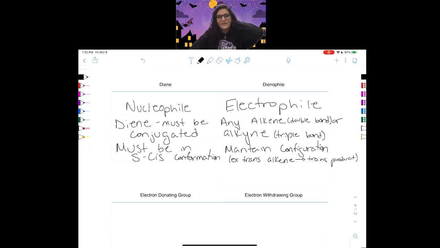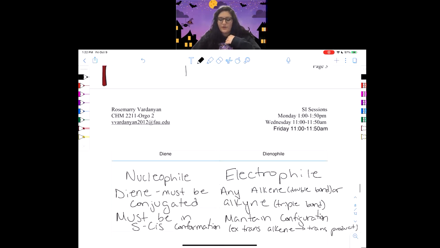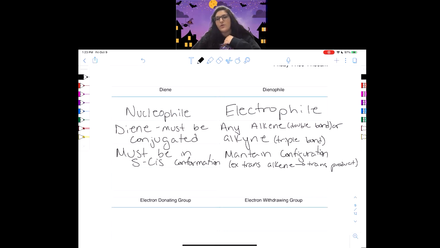So we have things called electron donating groups and electron withdrawing groups. Before I even go into what those things are, just using the names electron donating versus electron withdrawing, which one do you think the diene will prefer? A donating group or a withdrawing group?